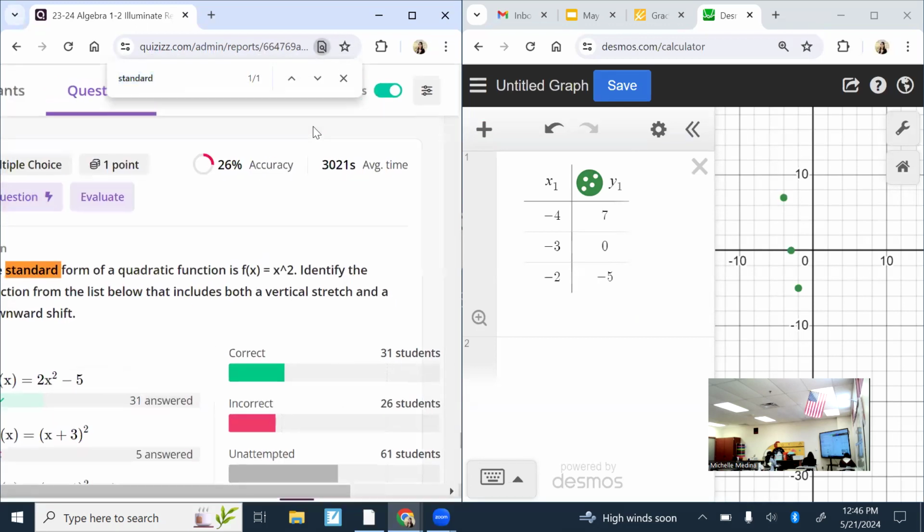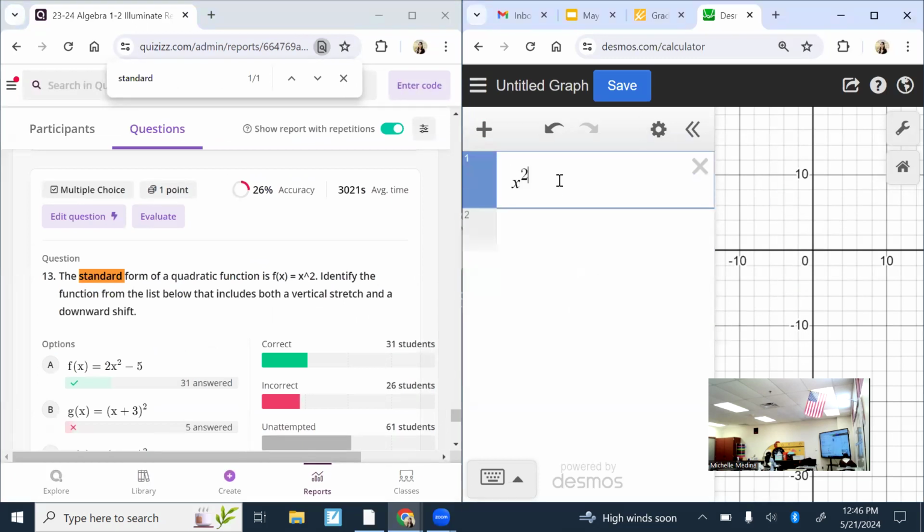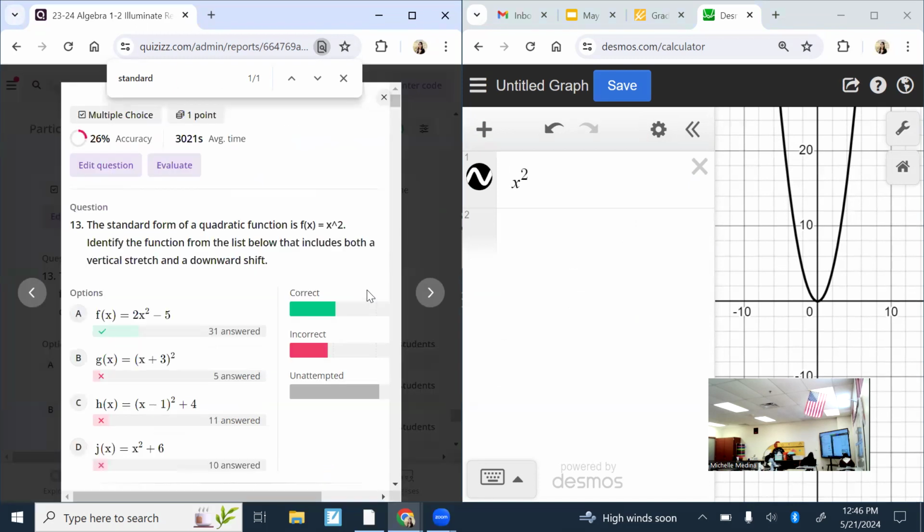The best way would probably be to graph your parent graph. So x squared, this is our most basic one. And every other quadratic is a transformation of our parent graph. So we want the one that has both a vertical stretch. So that means it's getting more narrow or more wide if it's vertically stretched.